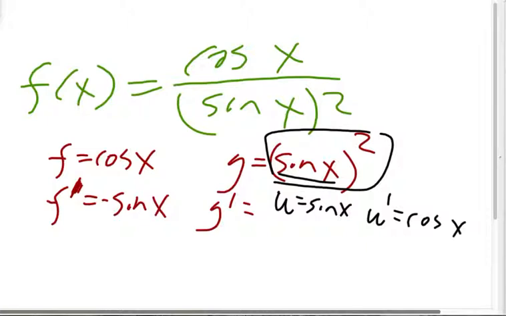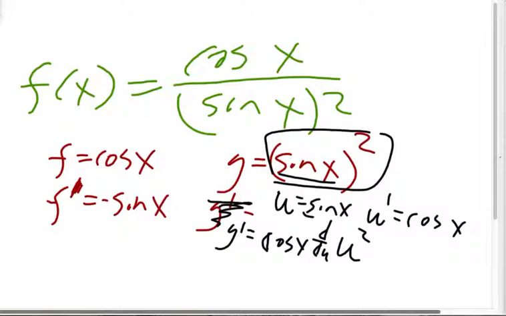So now to do this, my G prime will equal u prime, which is cosine of x, times the derivative with respect to u of u squared, because I'm substituting that in for sine of x.